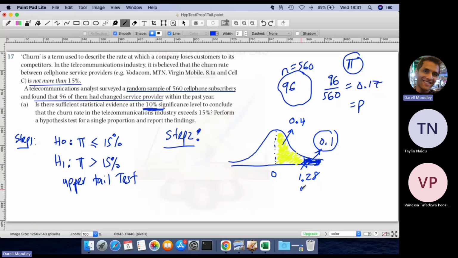Anything on the right of 1.28, because my rejection region is here, which I'm shading in blue, anything that falls in that rejection region, that is anything above 1.28, I would reject H0. And anything on the left of it, I would accept H0.